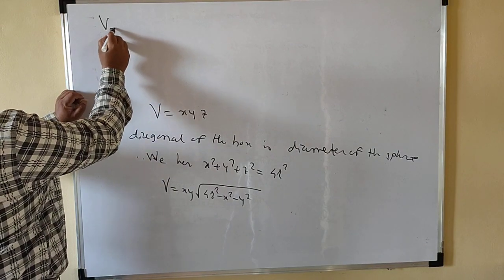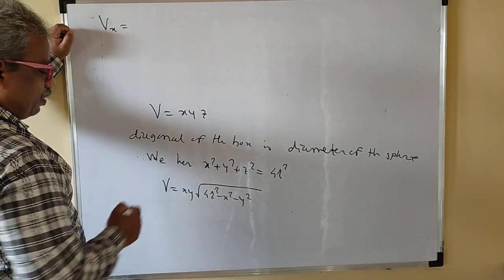So Vx is equal to, you have to apply the product rule here.